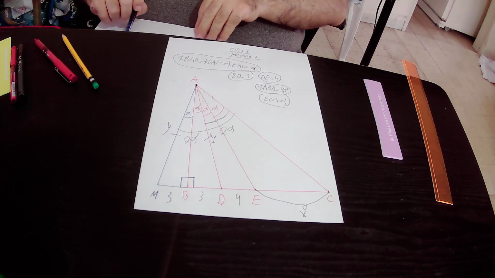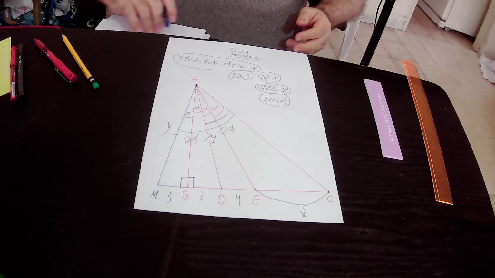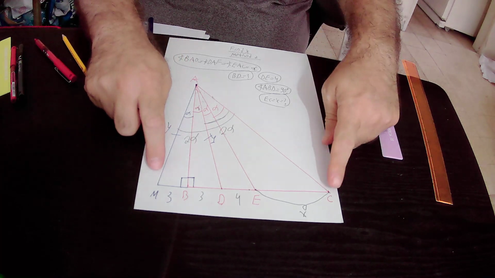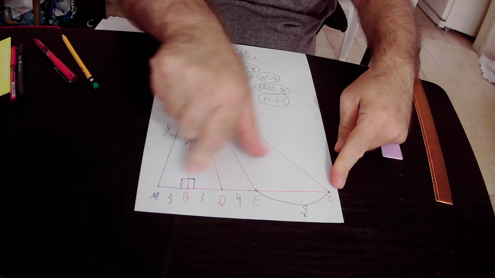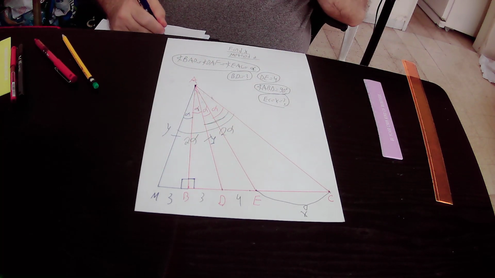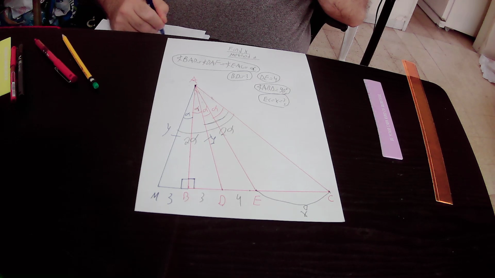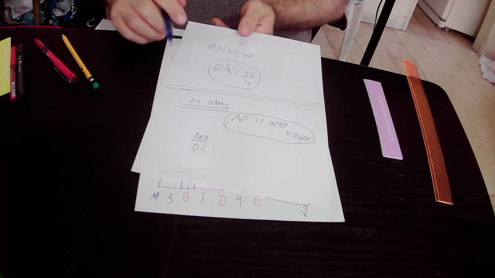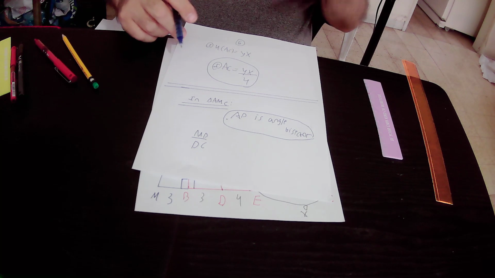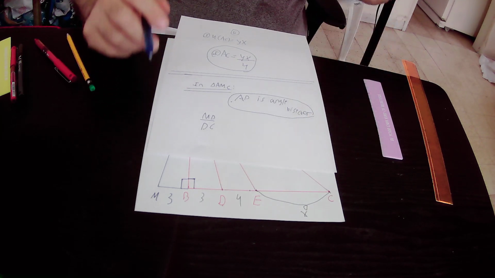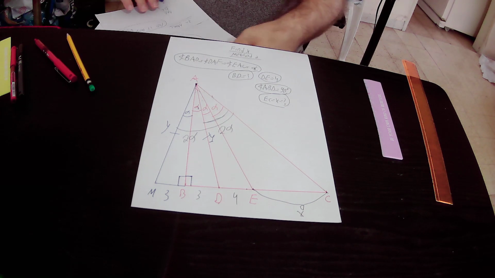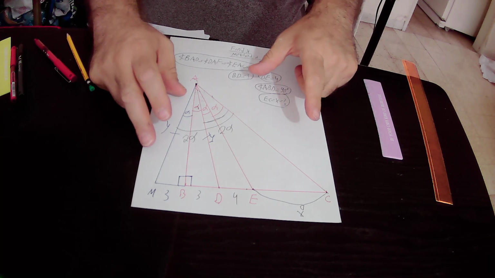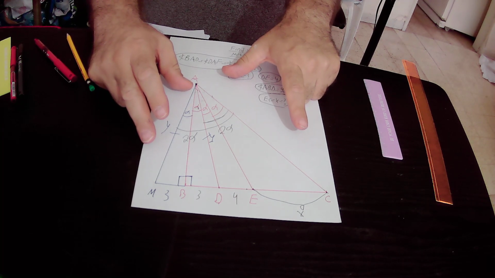And according to the angle bisector theorem, the angle bisector AD divides MC in a ratio of MD over DC, and that ratio equals the ratio between the angle legs, and the legs of angle MAC are AM and AC.